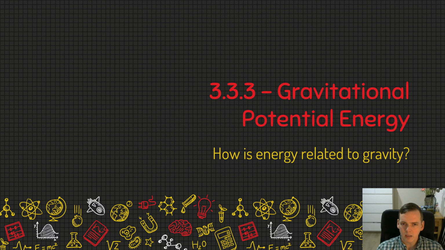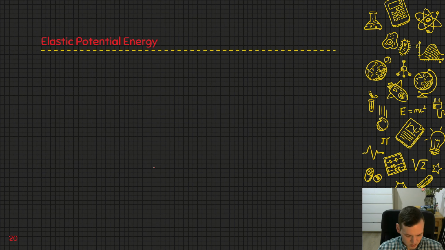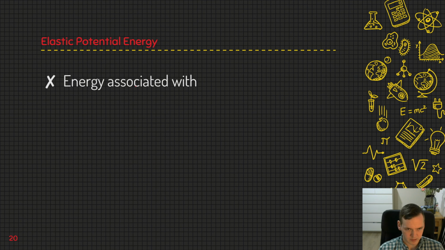The other main type of potential energy that we're going to look at in this unit is gravitational potential energy. This is the energy that's related to gravity. Just like before, we're going to talk through all of the bits and pieces. This is the energy associated with the arrangement of an object and the Earth.